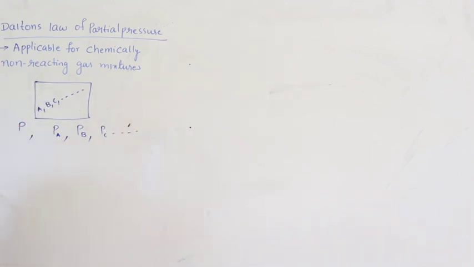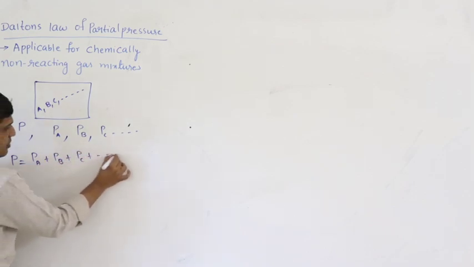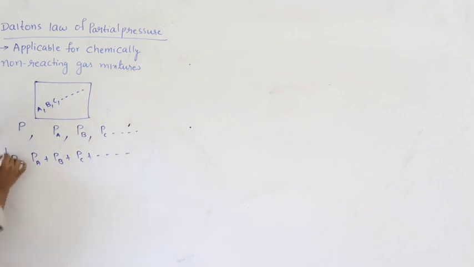So what Dalton says is that the total pressure of a chemically non-reacting gaseous mixture is equal to the sum of the partial pressures of each individual gas. Right. So let us proceed.